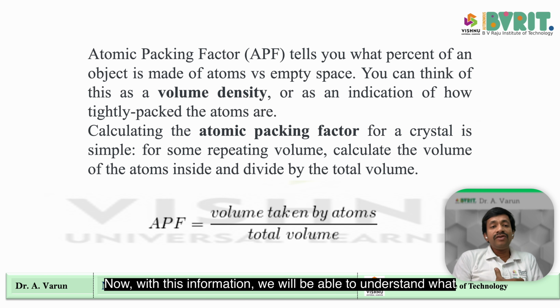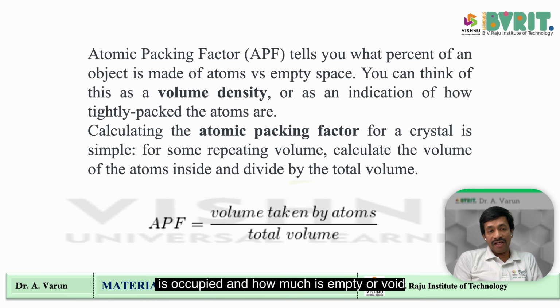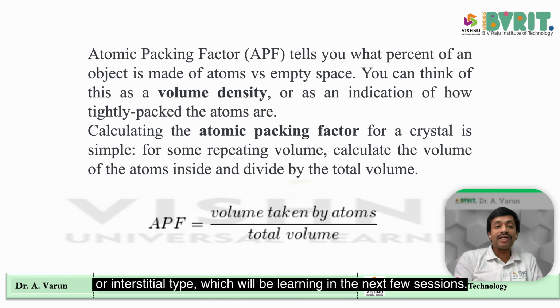With this information, we will be able to understand the volume of atoms in that particular unit cell, meaning how much is occupied and how much is empty or void space. In future, we'll be able to correlate how much is vacant and how much can be fitted, in the sense that if atoms have to be alloyed, it is either a substitutional type or interstitial type, which we'll be learning in the next few sessions.